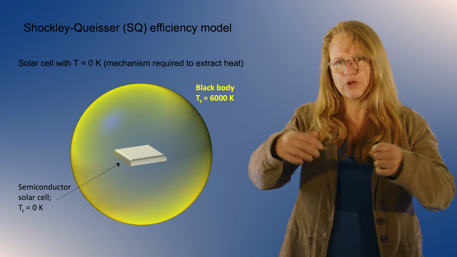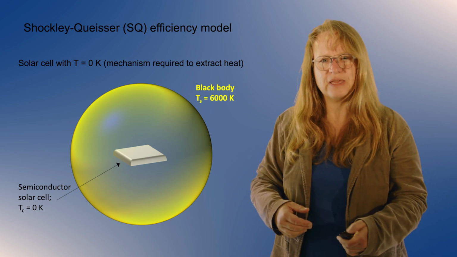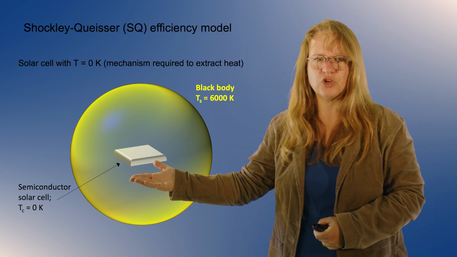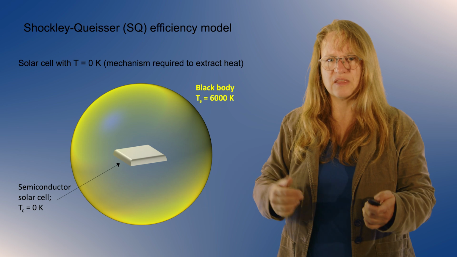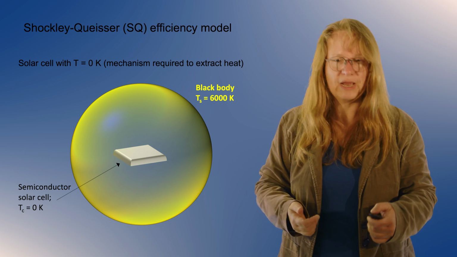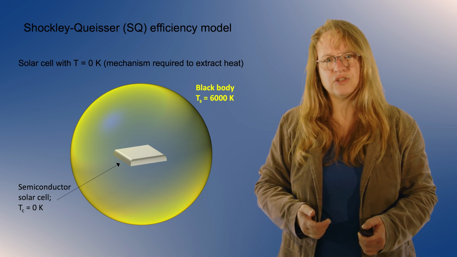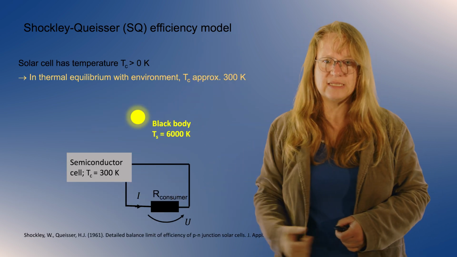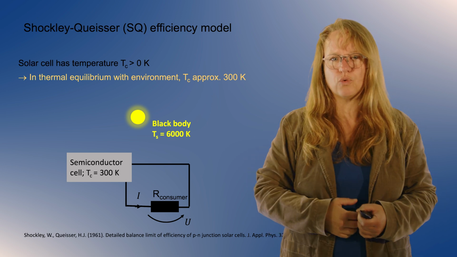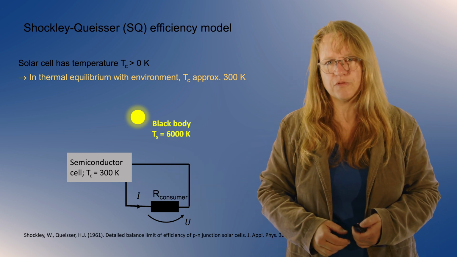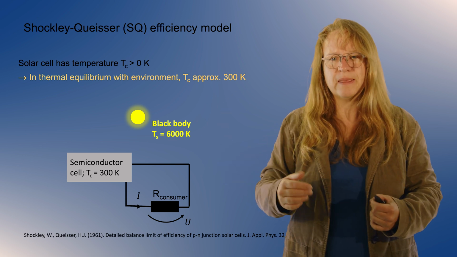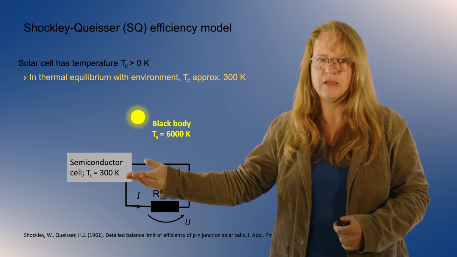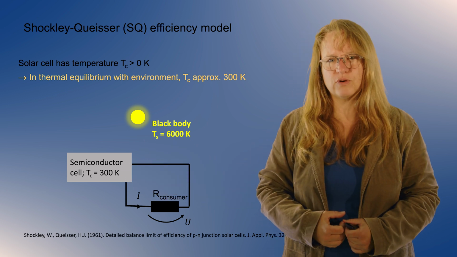So for going from this situation where we have a black body radiator on all sides of a solar cell at 0 Kelvin and extracting the maximum efficiency, to get a realistic image, we have to consider that we have a sun only in a certain range of the sky, and that our semiconductor has a temperature that is in equilibrium with the surrounding, for example, at 300 Kelvin. Of course, the thermal equilibrium could also be different, so this temperature could be higher or it could be cooler, so other things could happen. But in general, we have here the semiconductor at around 300 Kelvin.